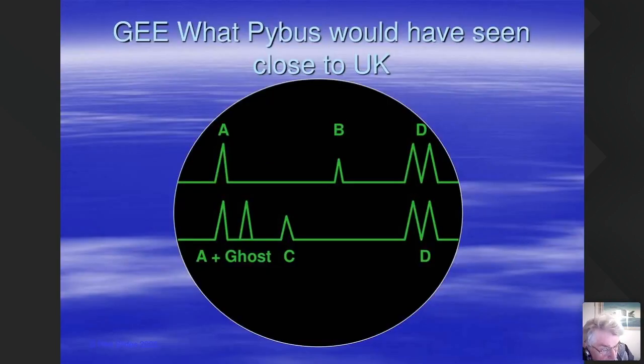And this is what Pybus would have seen. The A signal fires twice as often as the B signal, so the B signal only replies to every second A signal. So the time base goes along the top line, it whistles back, it goes along the bottom line. So you start off, you get the A signal, then you get your B signal, forget the D signal for the moment.